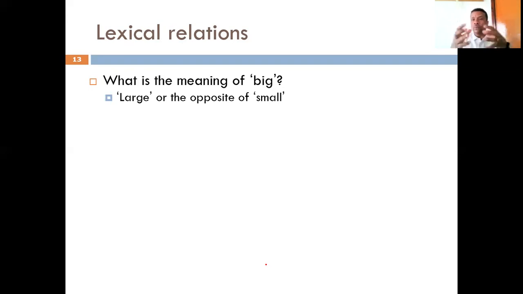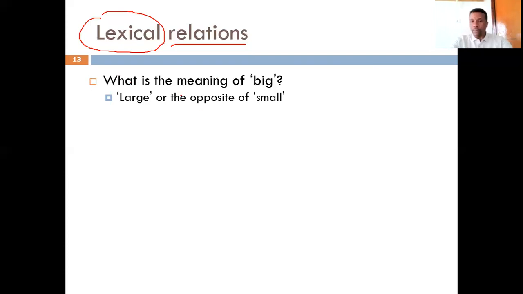So words can be related by using synonym, antonym, cause and effect, specialization and generalization. We have so many ways of relating words. So lexical terms or lexical words that you have in your language can be related with one another using many different types of representation. And one of it is what we call lexical relation.